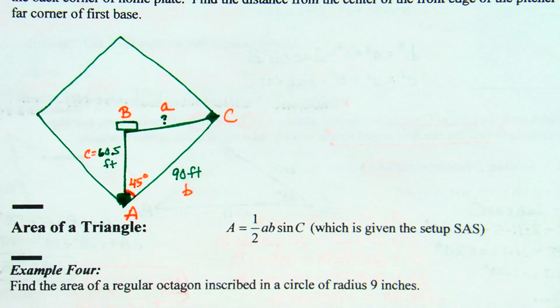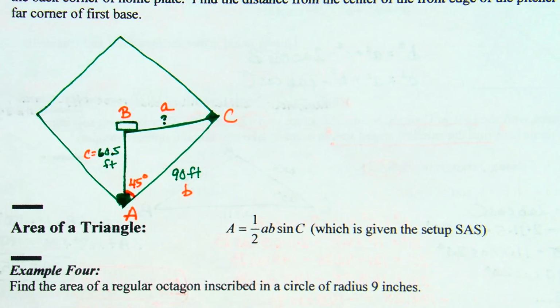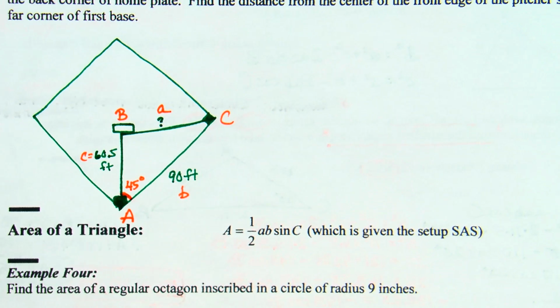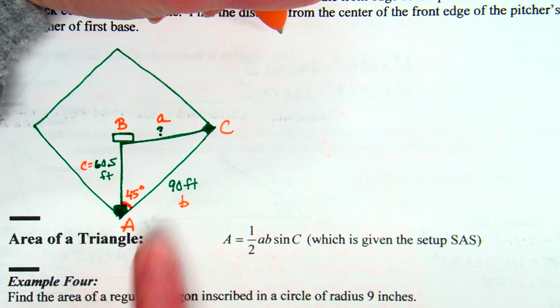And from here, you can do some law of cosines. We haven't done this type of law of cosine since the beginning of class yesterday, so it's a good review. I'm going to use the equation, since I'm trying to find side A, that starts a squared.